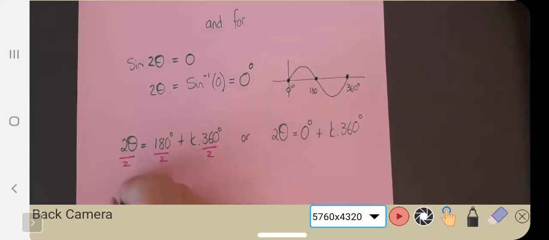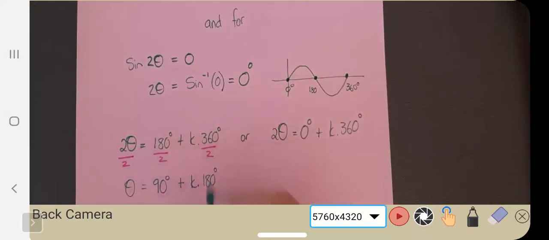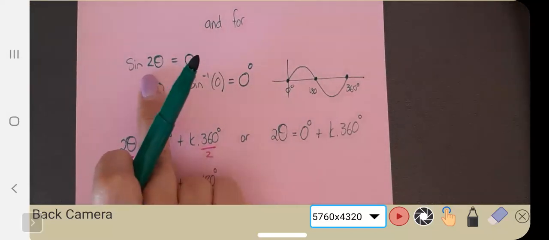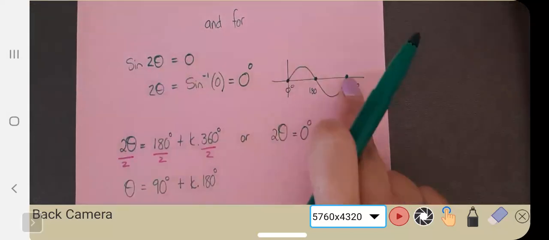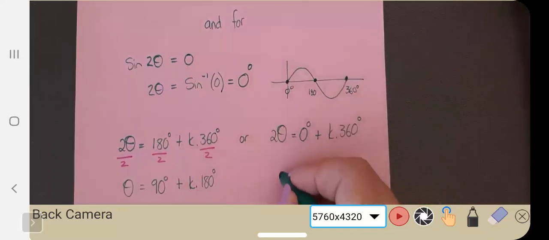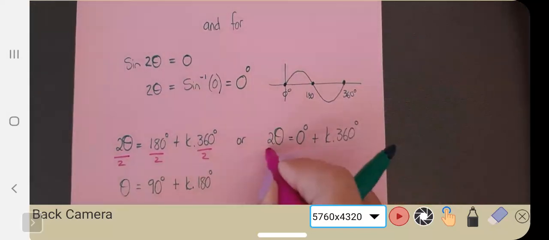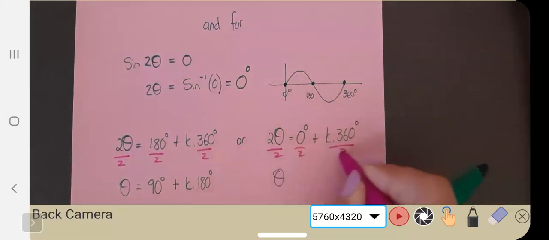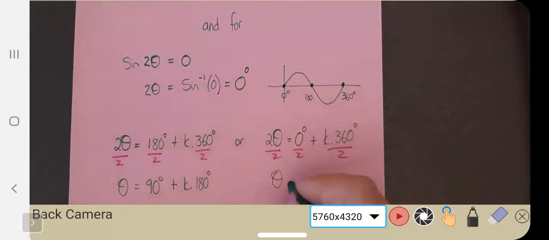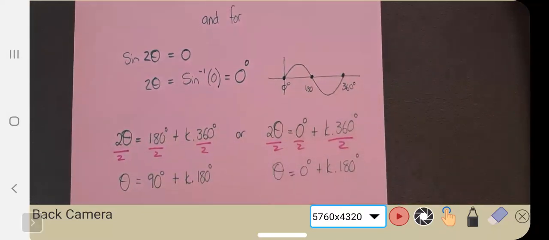And then you have theta will be 90 degrees plus k times 180 degrees for sine 2 theta. Or theta, divided by 2 everywhere, will be equal to 0 degrees plus k times 180 degrees. And k is an element of Z.